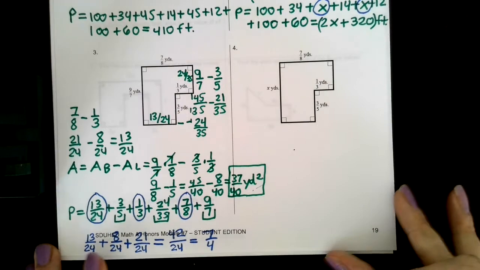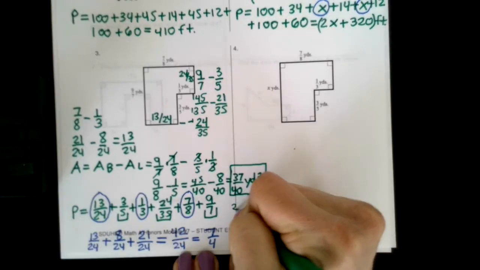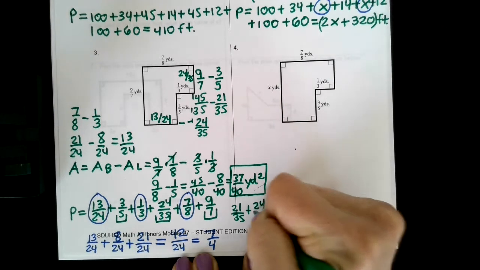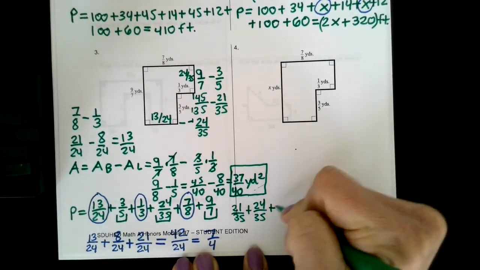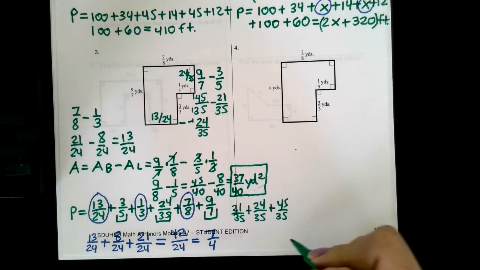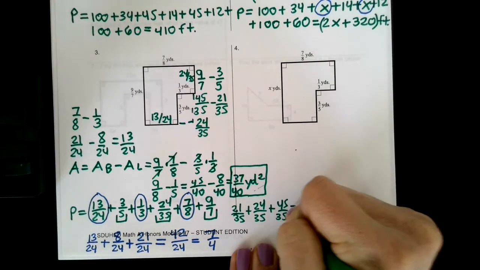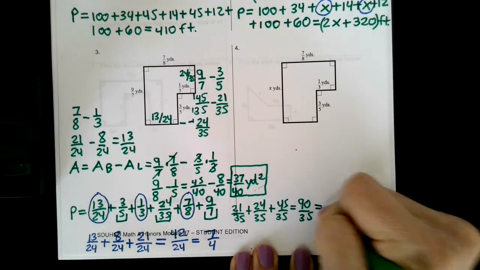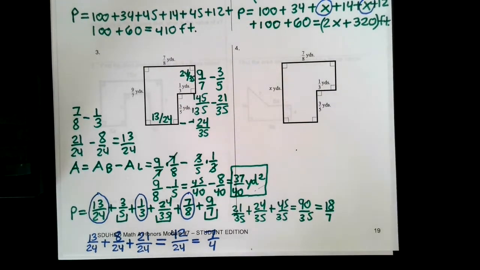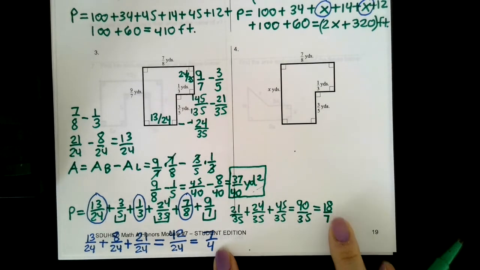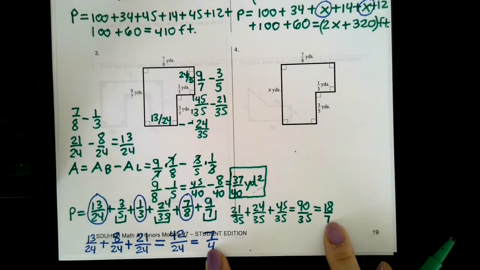I have 21 over 35 plus 24 over 35 plus 45 over 35. All of those added together is 90 over 35, which is 18 over 7. Okay, now I have 7 over 4 and 18 over 7, which is still getting closer to my answer.